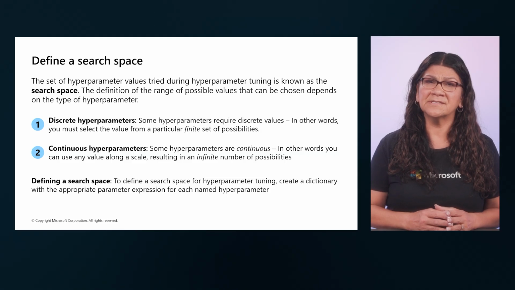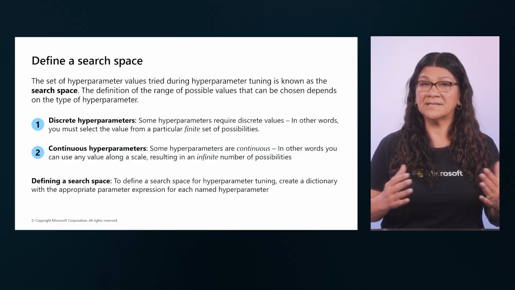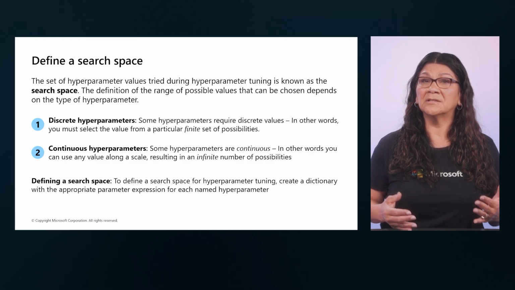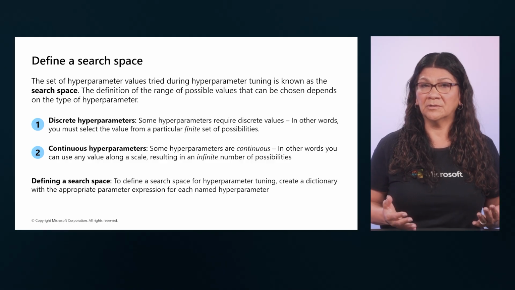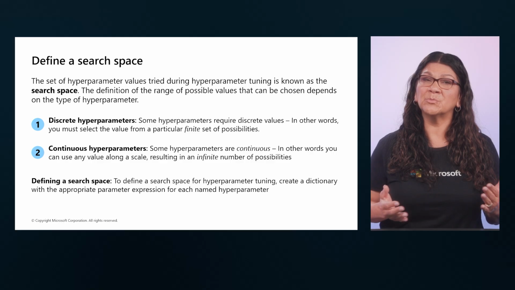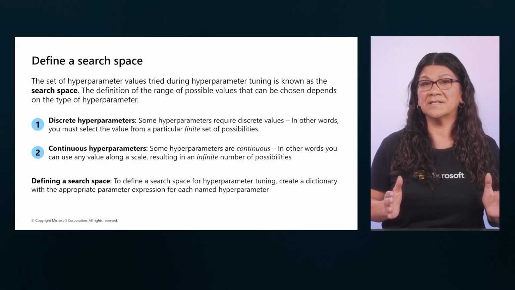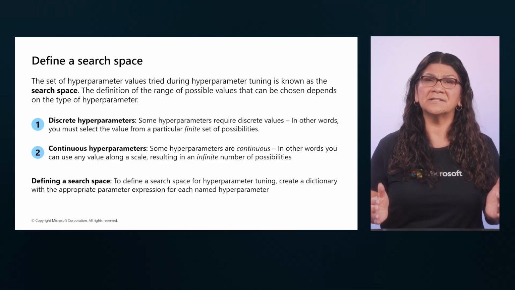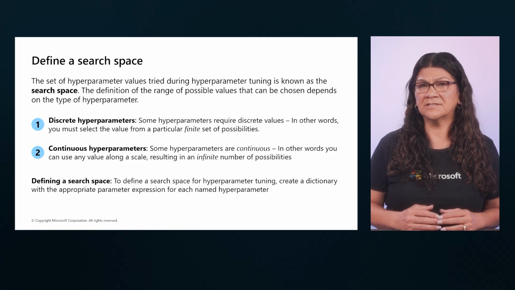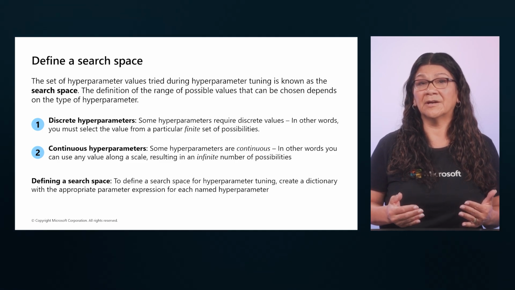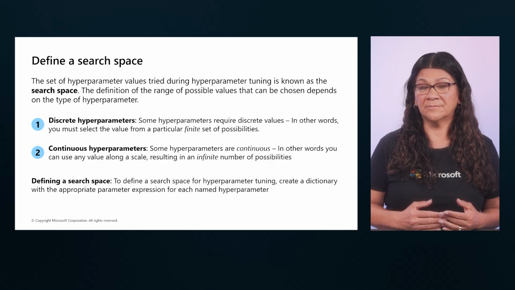Continuous hyperparameters like learning rate can be sampled from uniform, log uniform, normal, or log normal to explore real valued ranges efficiently, often with log distributions being especially effective for rates that vary by orders of magnitude.